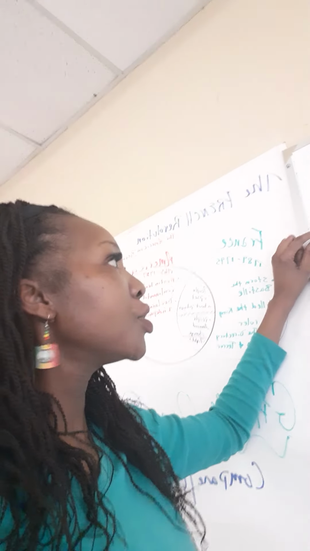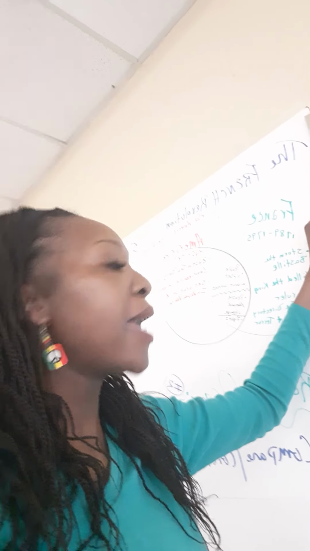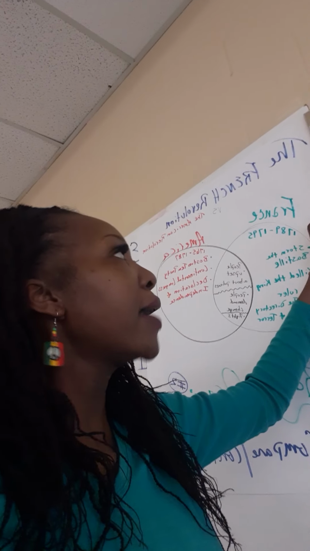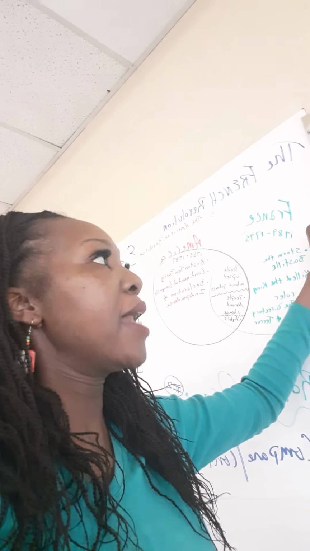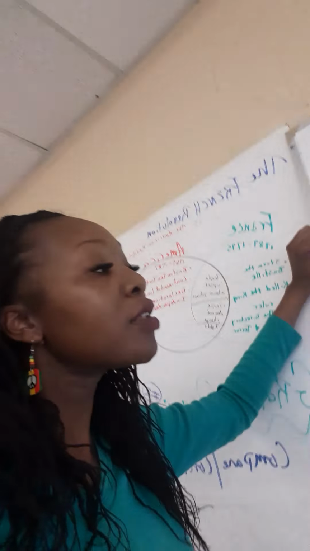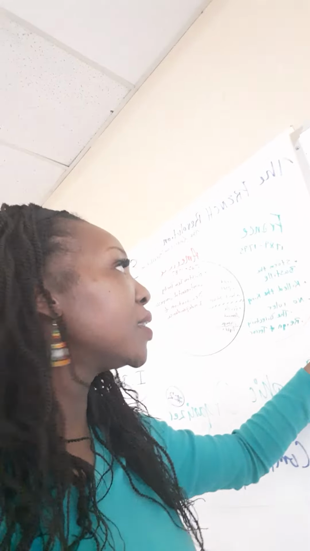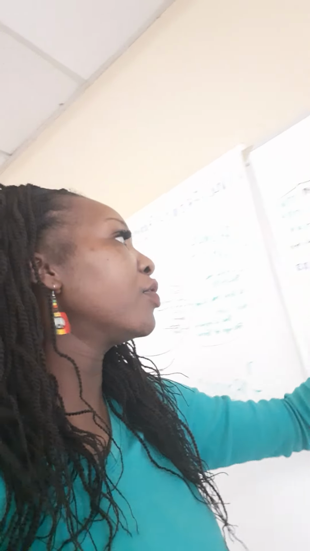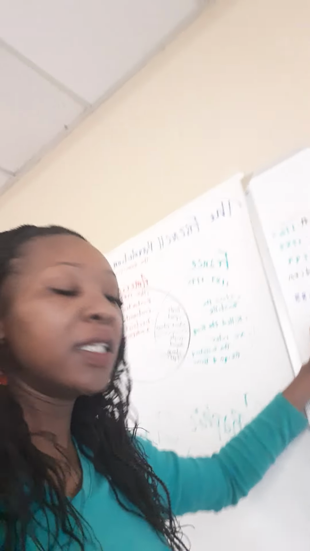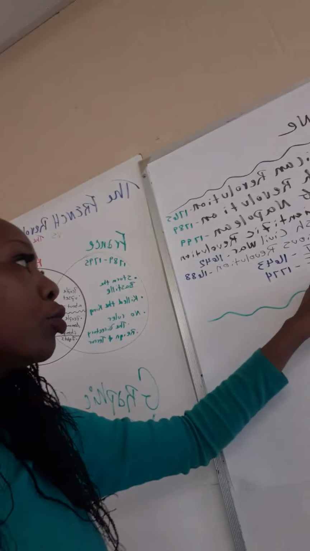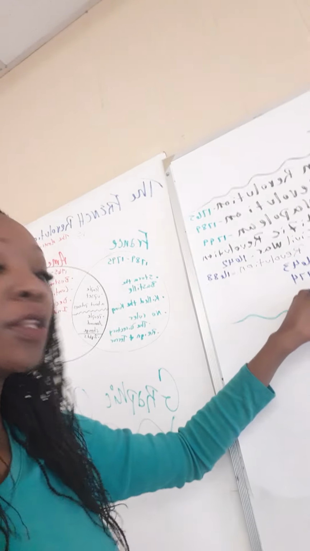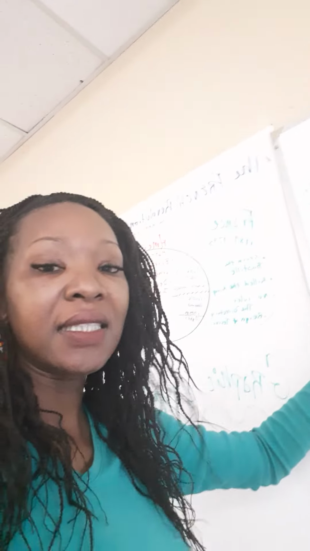The French Revolution started in 1789. The rise of Napoleon comes in 1799. The Scientific Revolution is in 1543. The Glorious Revolution is in 1688. Louis XIV ruled in 1643. Louis XVI ruled in 1774.